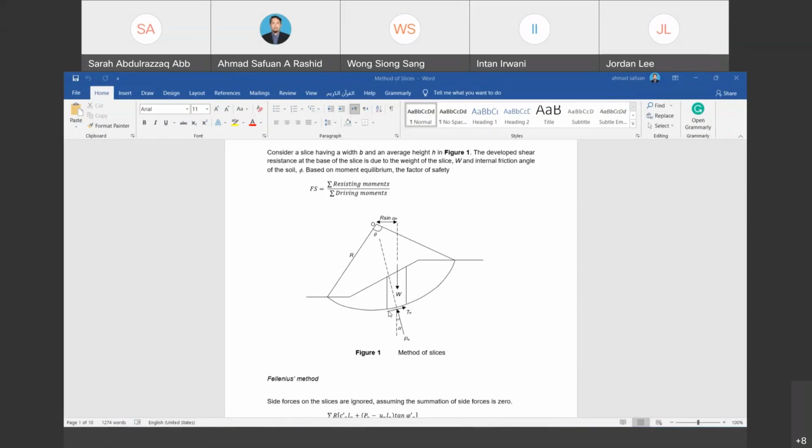From the alpha we can get the value for the length of the base of the slice.